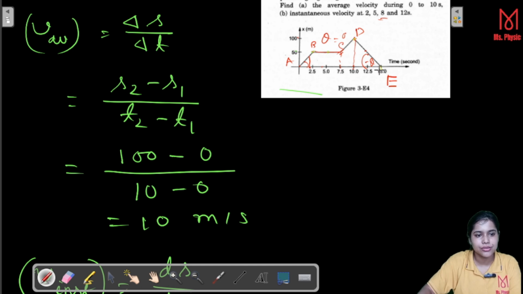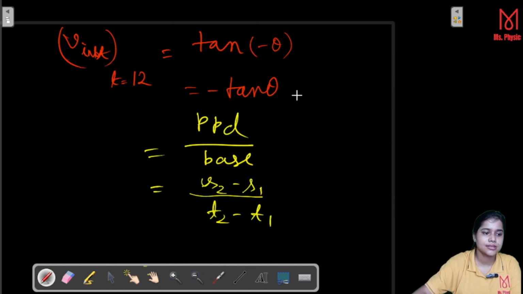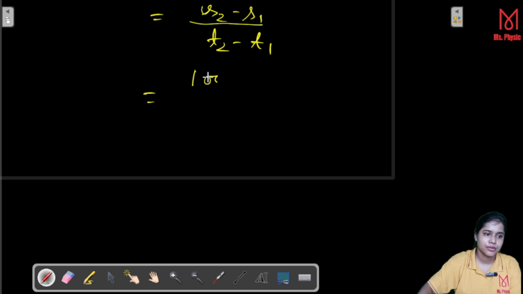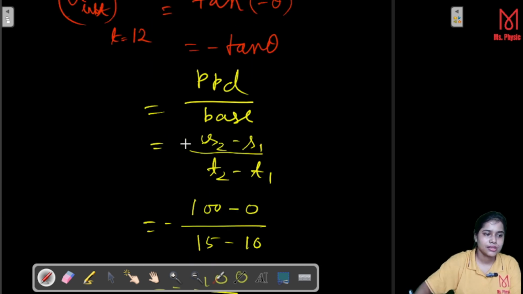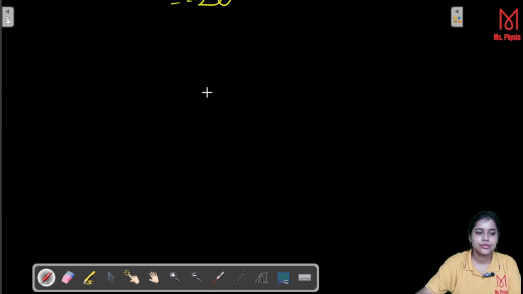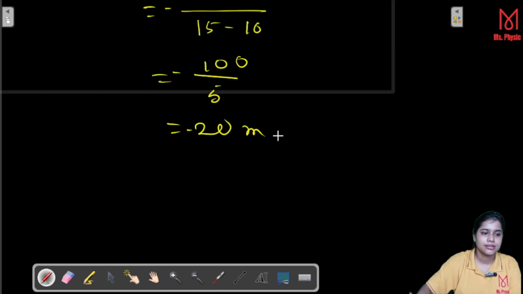So 100 minus 0 over 15 minus 10. That means 100 over 5, which gives you again 20. But there is some negative value, this minus. Okay. So it is minus 20 meter per second.